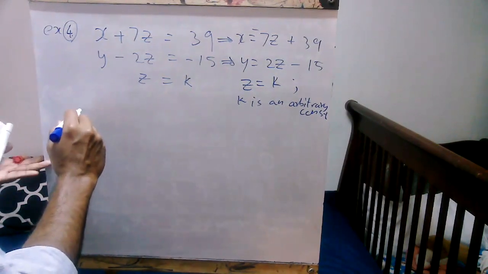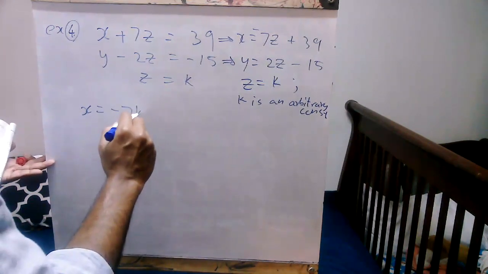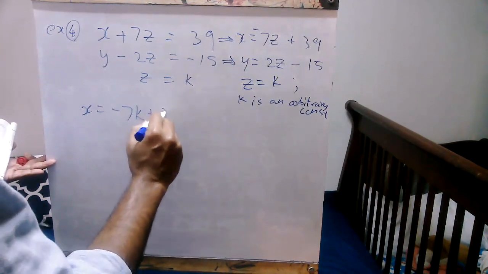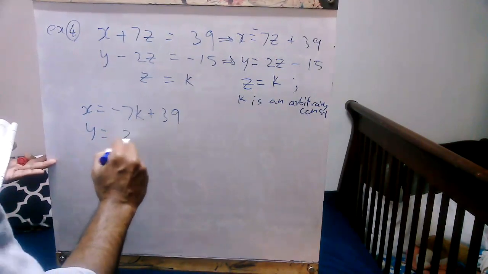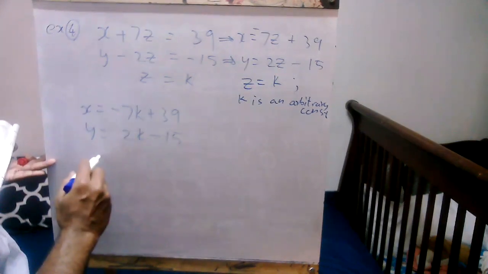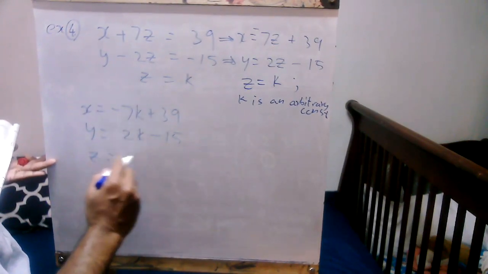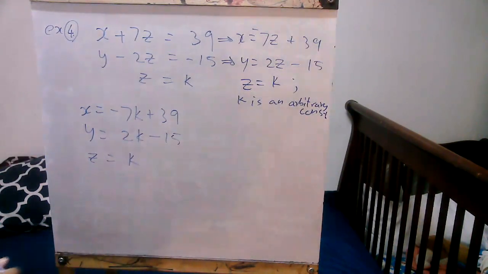So x equal to negative 7k plus 39, y equal to 2k minus 15, z equal to k, right?